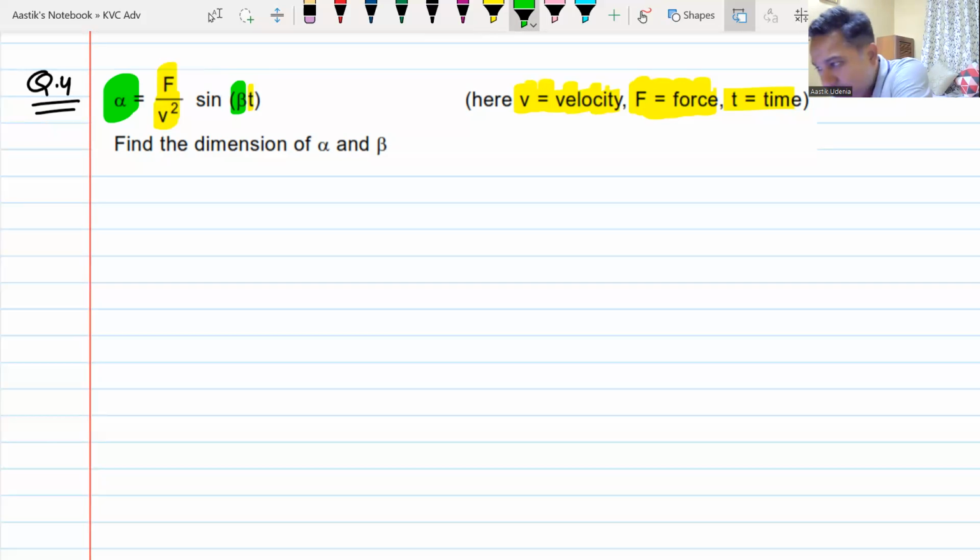From this equation, assuming that this equation is correct, can you tell me what are the dimensions of alpha and beta? Your time starts now. Remember, if you can do any one question correctly, that means all the questions above it you have done correctly, because I always do questions in a way that at whatever level you solve a question, all the previous ones are simpler.